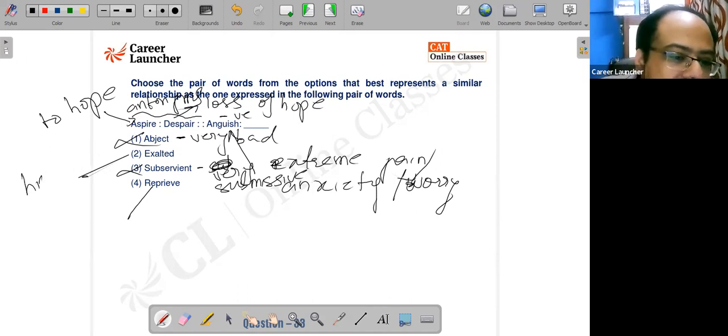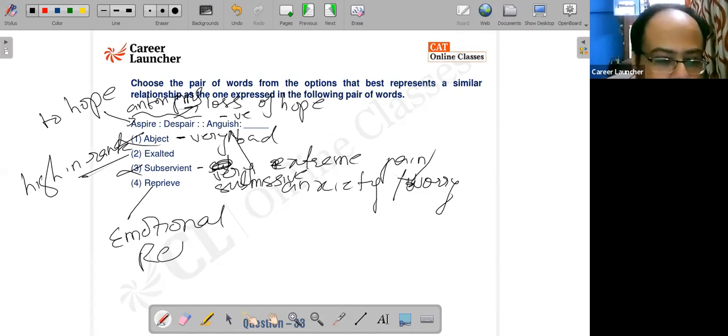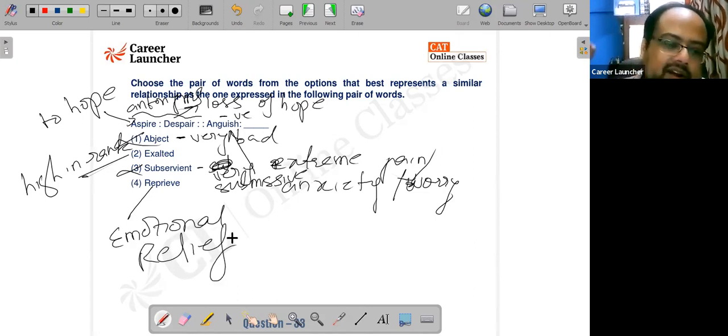Exalted means high in rank, and this is an important word. Reprieve is emotional relief. So exalted and reprieve both are positive words.